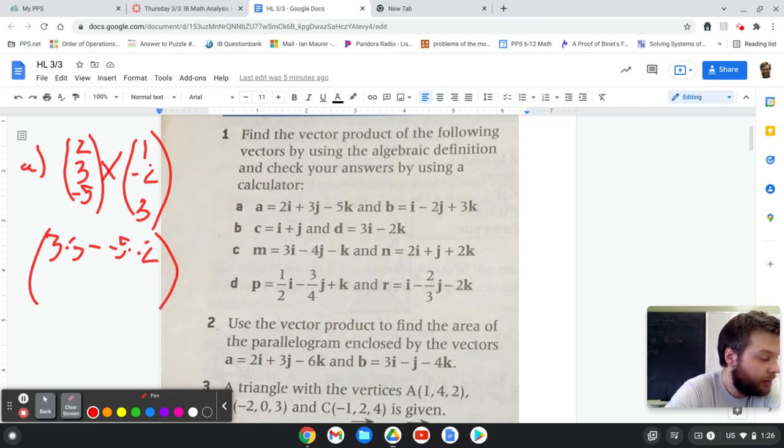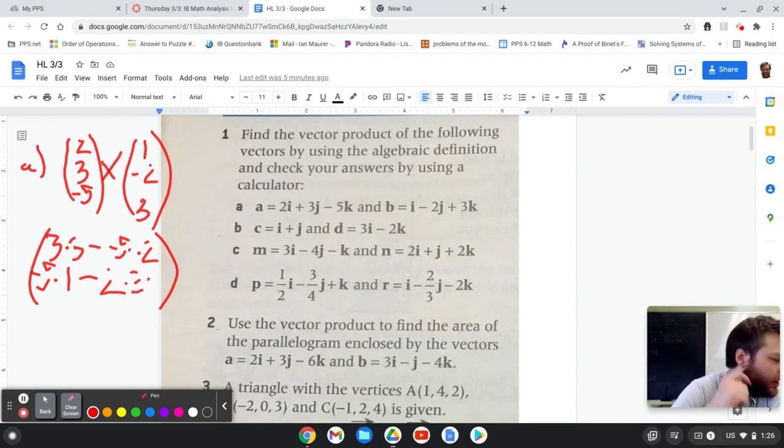Then I go A3B1 minus A1B3, 2 times 3. And then A1B2 minus A2B1.